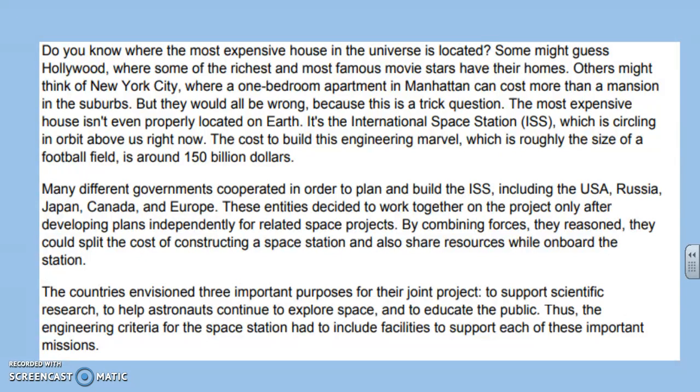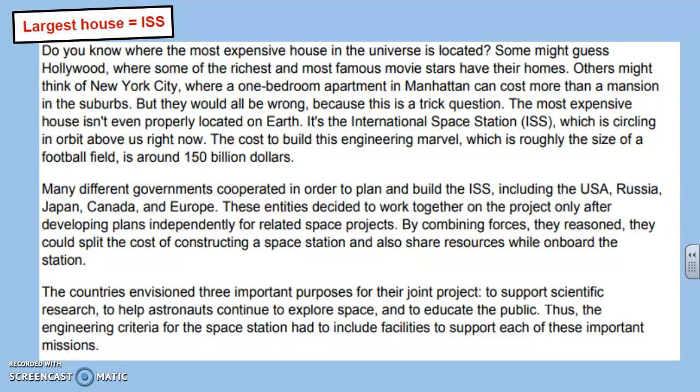So if we stop and we process and think about what we just read in paragraph number 1, essentially the main idea seems to be telling us that the most expensive house in the world is the International Space Station. It gives us the size of the space station, the approximate cost, but the main idea is that the largest house is the International Space Station.